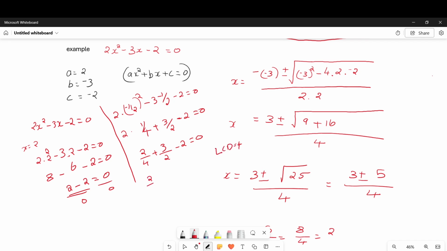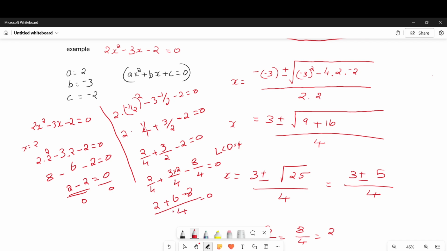Then 2 by 4 plus 3 by 2, make the denominator 4. So 3 times 2 minus 2 times 4, which is 8, is equal to 0. So 2 plus 6 minus 8 divided by 4 is equal to 0.